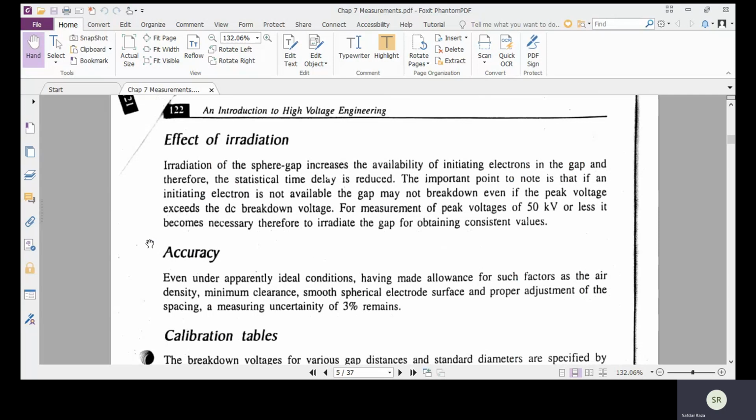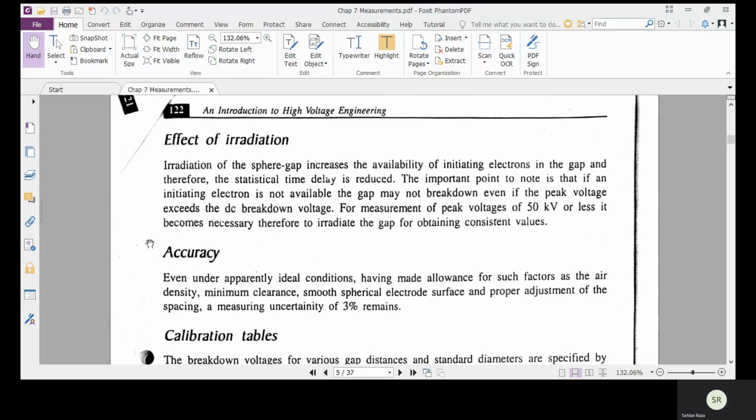For measurement of peak voltage of 50 kV or less, it therefore becomes necessary to irradiate the gap to obtain consistent values. So it is necessary to irradiate the gap if we are going to measure lower values of voltage.